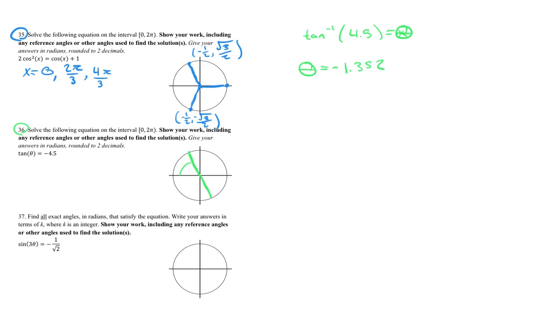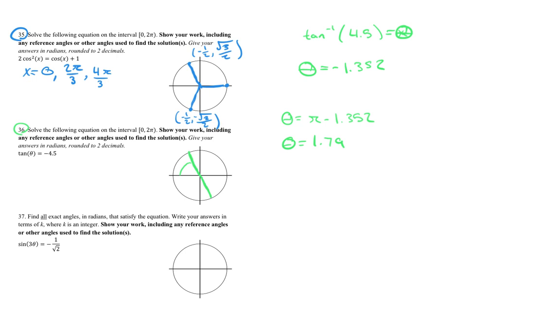So the way that we're going to calculate this is we're going to have one of them be, if we imagine we started here on our unit circle, we went all the way around to pi, and we subtracted off this amount. So one of our answers, theta, is going to equal pi minus 1.352. And if we go ahead and plug this in, we should get that theta is going to equal 1.79.